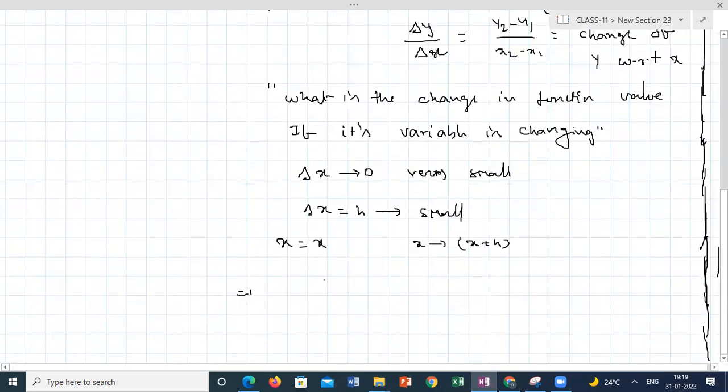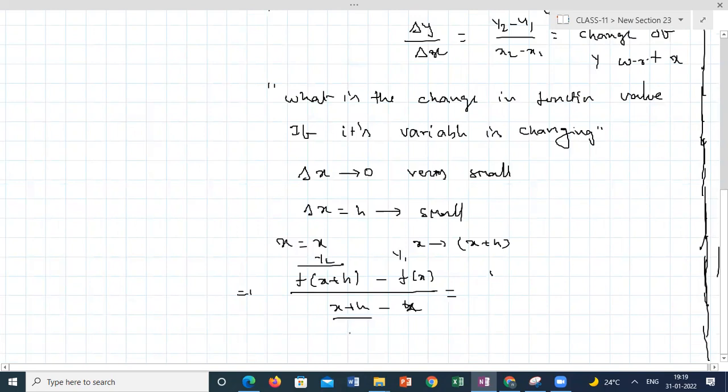According to this, I can write f of x plus h minus f of x, divided by x plus h minus x. This is your y2, this is your y1, this is your x plus h, and this is x, divided by h.